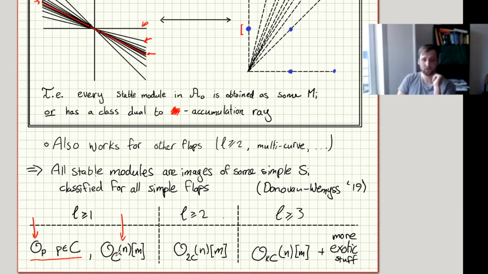Then there are the structure sheaves of the curves, and there are twists and shifts in the derived category. Once you start going to the more complex cases, there's some sort of exotic stuff showing up, some extension between these as well. What this means is that the stability is completely captured by points and curves, and therefore the DT theory is also controlled by points and curves, point counts and curve counts.